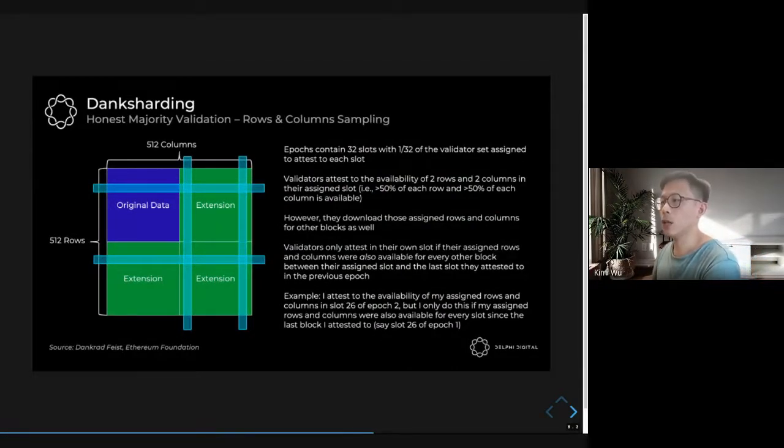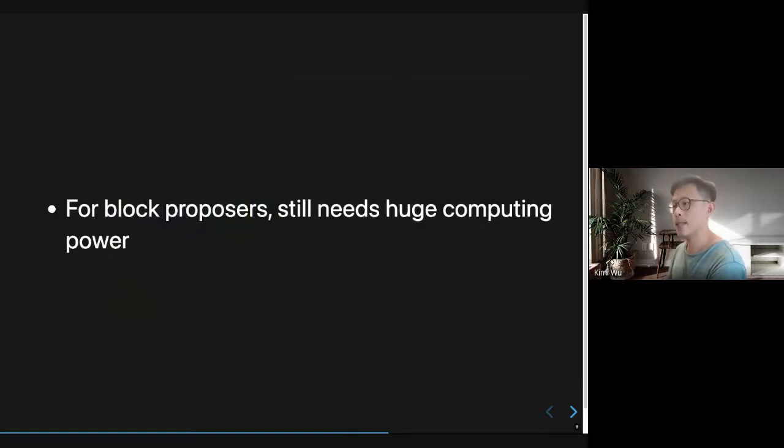So the design now is every validator samples two rows and two columns from the block proposal. Yeah, and if the whole network has enough validators, we can make sure the data is available, as mentioned earlier. But for block proposal, it still needs a huge computing power because you need to generate so many commitments.